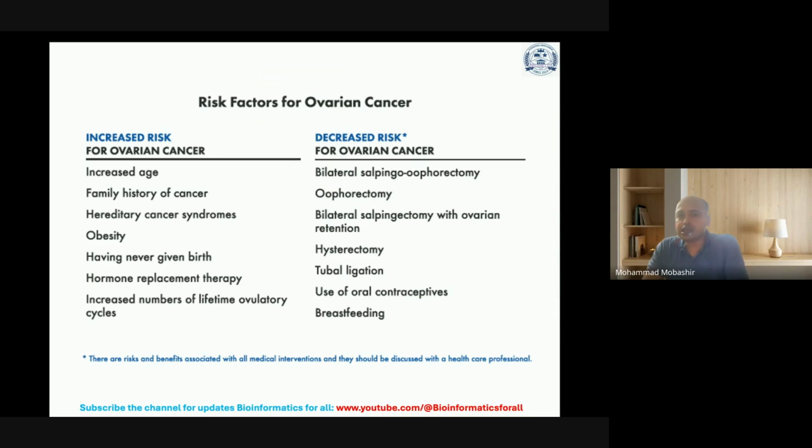Now, decreased risks: bilateral salpingo-oophorectomy, then oophorectomy, bilateral salpingectomy with ovarian retention, hysterectomy, tubal ligation, use of oral contraceptives, and breastfeeding.